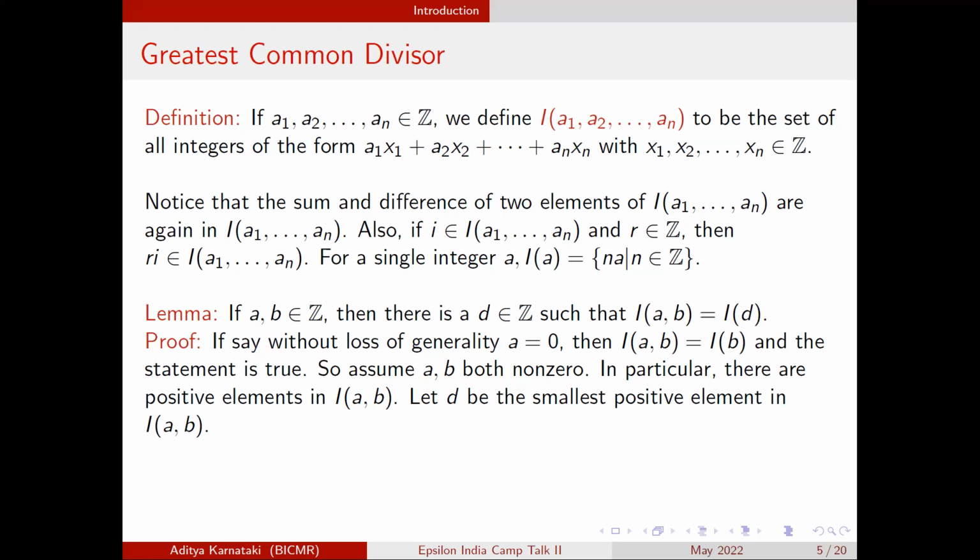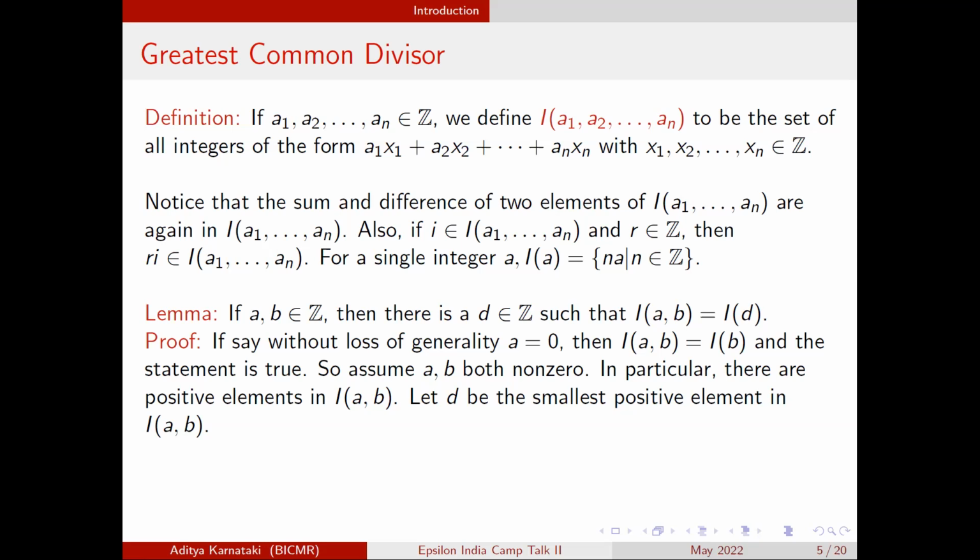This is quite an important step, a kind of induction process. But for choosing the smallest positive element in I of ab, I need to know that there are positive elements in the first place. So make sure that you never make this mistake of logic.